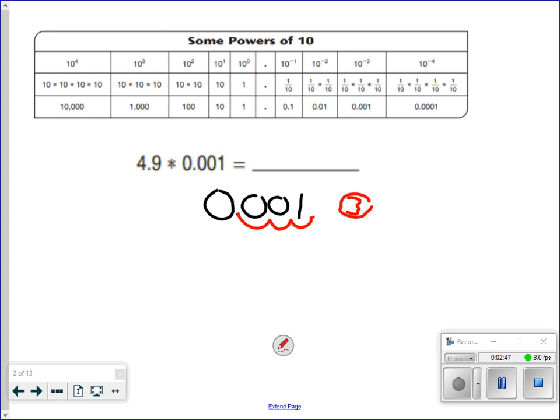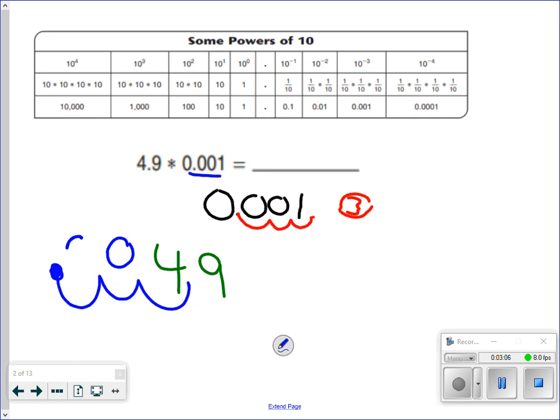So when you look at 4.9 here, I have to move my decimal because it's here. I have to move it to the left and make this smaller. Moving it 1, 2, 3. Here's my decimal here. So to fill in the numbers here, my answer is 0.0049.